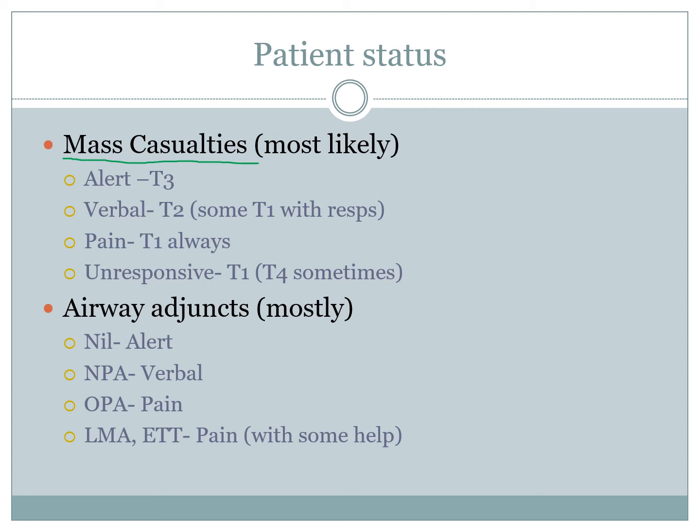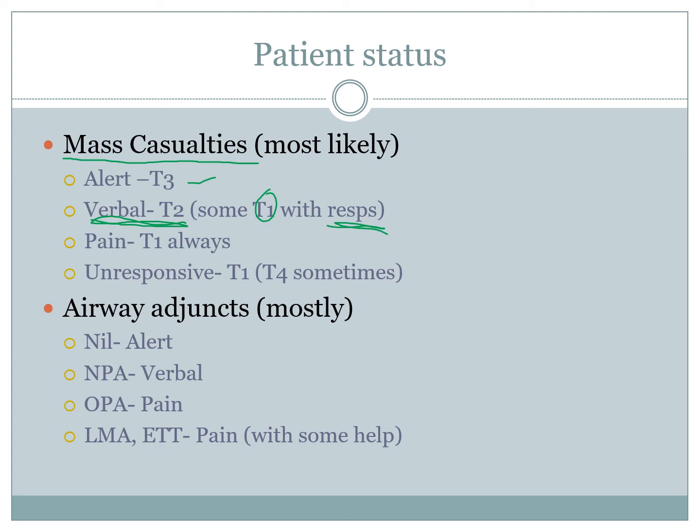Now, there will be the 1%ers that fit outside, especially when you're dealing with the verbal personnel. But as a big rule of thumb, if someone is alert at that point in time, they are a tier 3. You have time for that person. If someone is responding to voice, then they're tier 2. If they're lower end of the verbal, then they become a tier 1, and especially if you start taking into account respiratory rates or tachycardia, then obviously they become a tier 1.